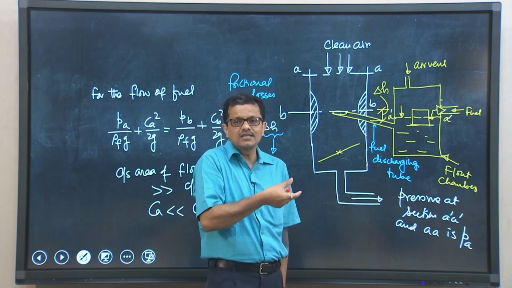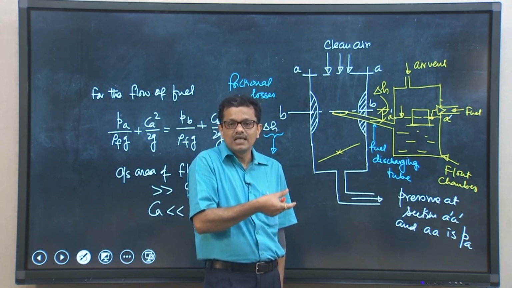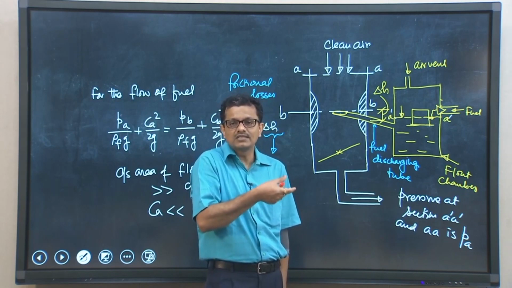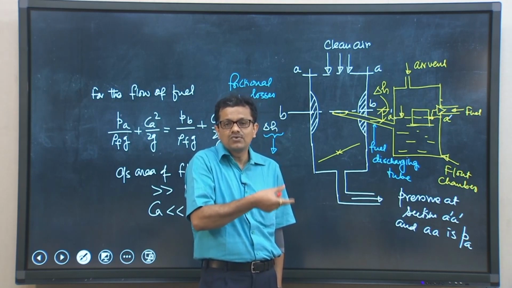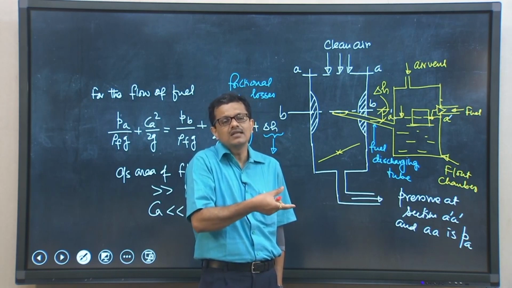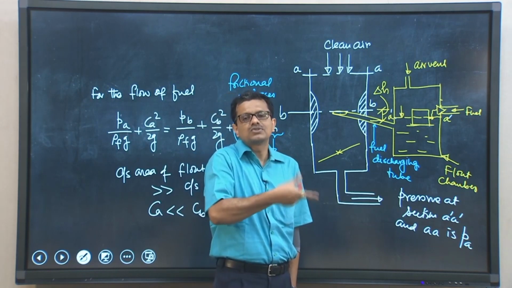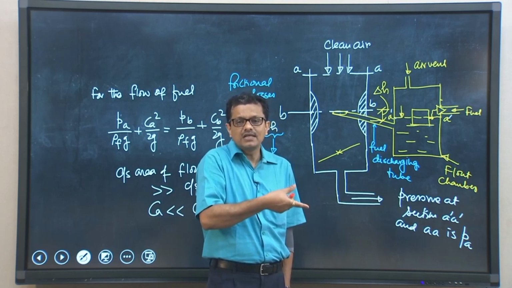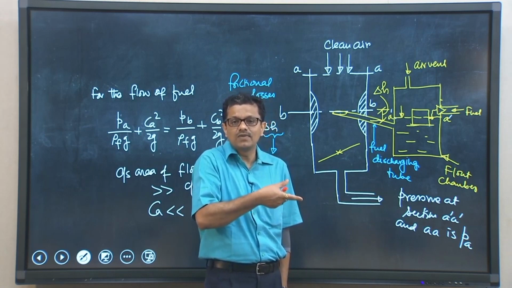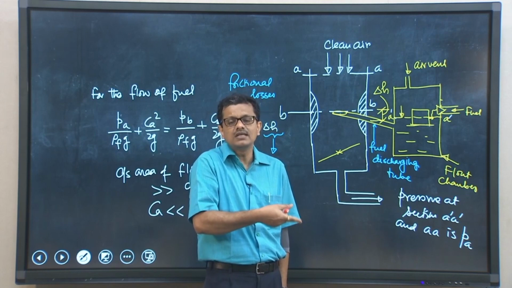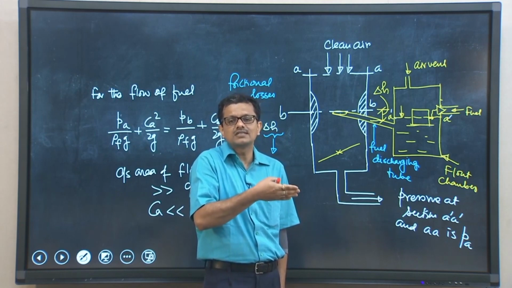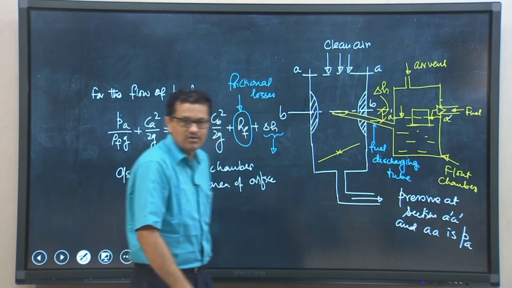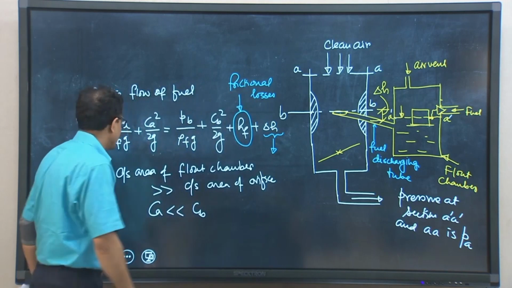So, unsteadiness in the flow behavior will be there if a simple flow type carburetor is designed to supply fuel to a single cylinder engine and 4 stroke engines. Instead, if it is designed to supply air fuel mixture to a multi cylinder engine and 2 stroke engine, the steady state steady flow approximation is more valid. That is what I wanted to discuss now.